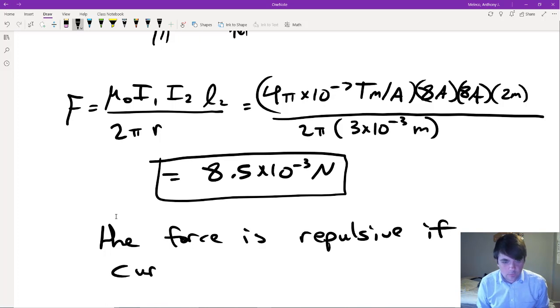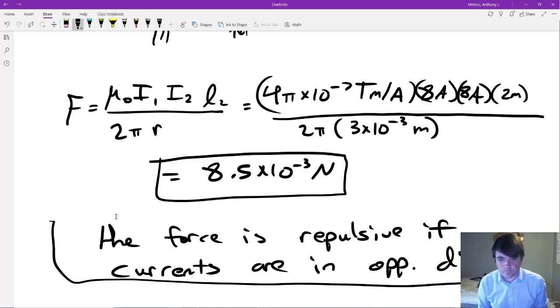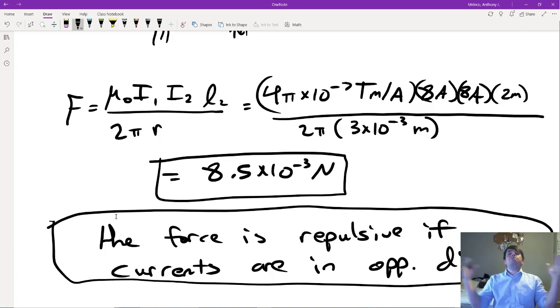If they were in the same direction, the wires would be attracted to each other. Okay.